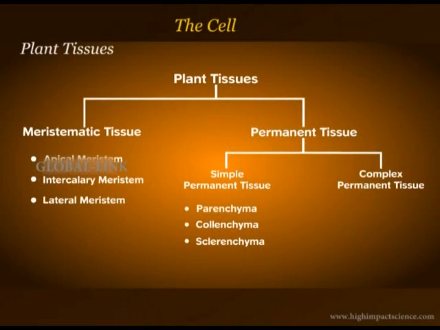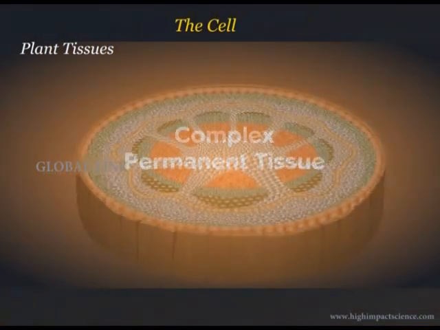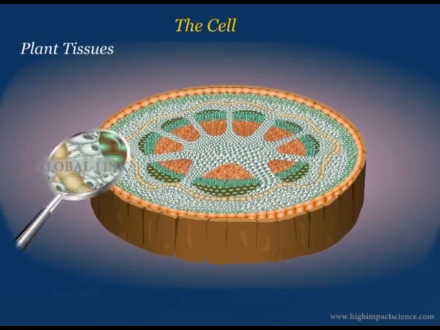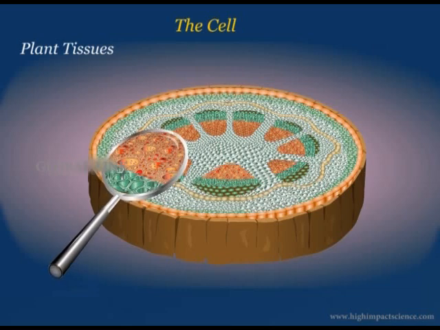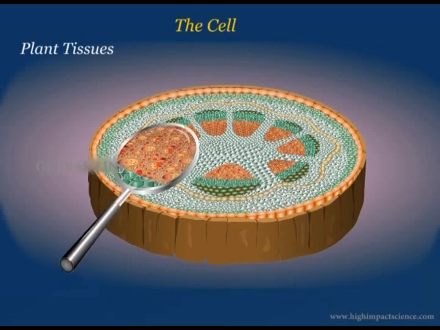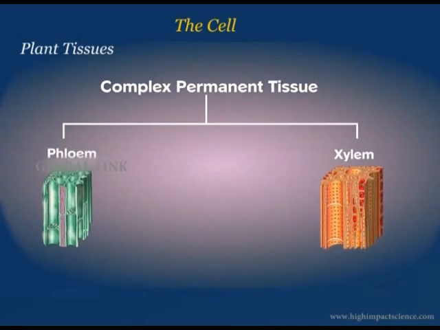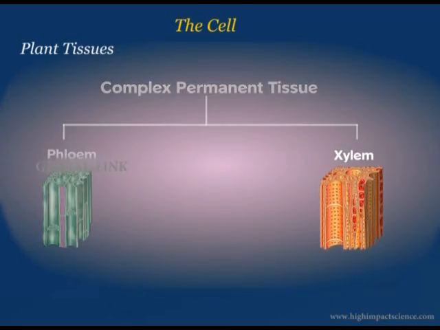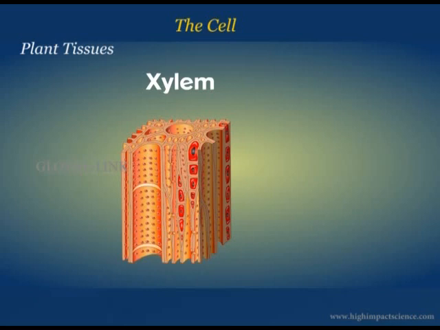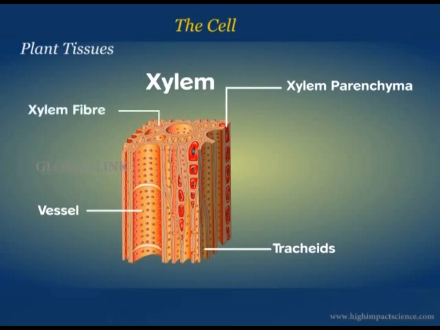Now the complex permanent tissue. Complex permanent tissue consists of more than one type of cells. They are classified into xylem and phloem. Xylem is a complex tissue consisting of tracheids, vessels, xylem parenchyma, and xylem fibers.